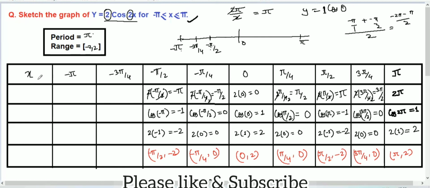So x, we are taking minus pi, then minus 3 pi over 4, then half of this, which will be minus pi over 4. Then go to 0, and after 0 it will be pi over 2, and then half of this will be pi over 4, and then 3 pi over 4 here.